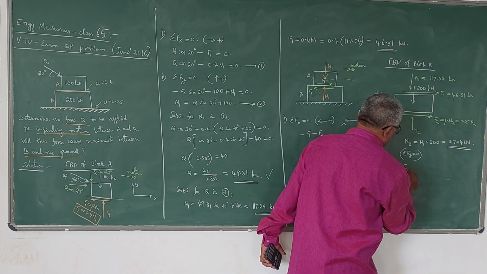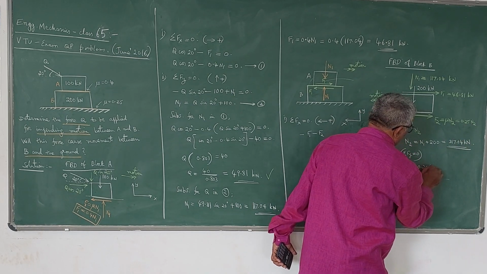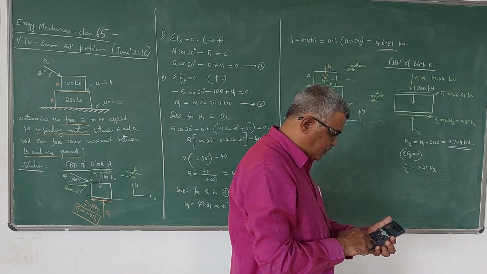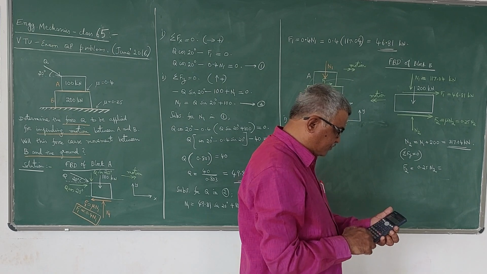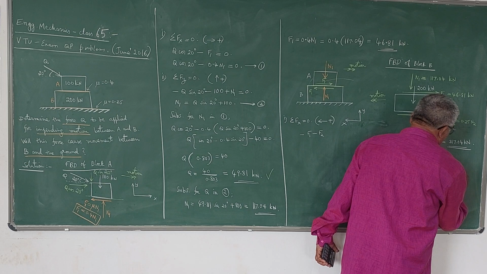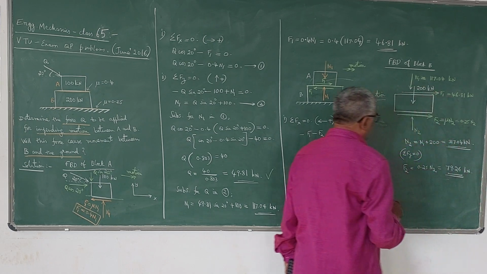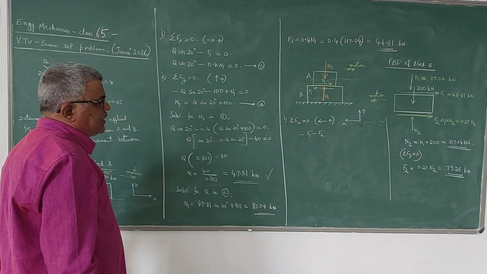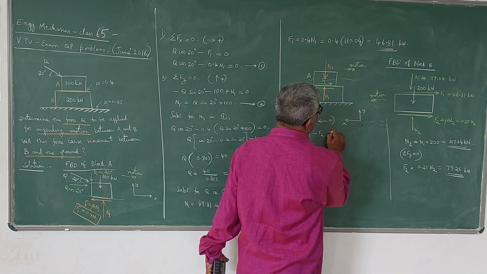Then when N2 value is that much, F2 will be 0.25 times N2, which I can take as 0.25 into 317.04, that is 79.26 kilonewton. Now once you get the value of F2, then you can observe here that minus F1 minus F2 should be equal to 0, is it not?